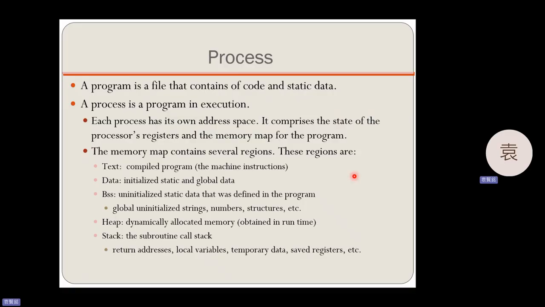The memory map contains several regions, depending on their characteristics. For example, the text region, which is the executable code or machine instructions compiled and linked by the compiler and linker. The data region holds initialized static and global data. There is also a special data segment called the BSS, the name defined in Unix.